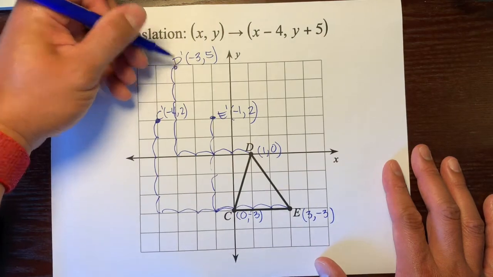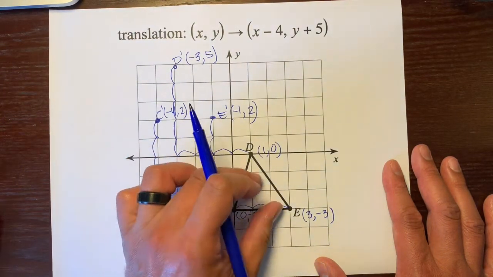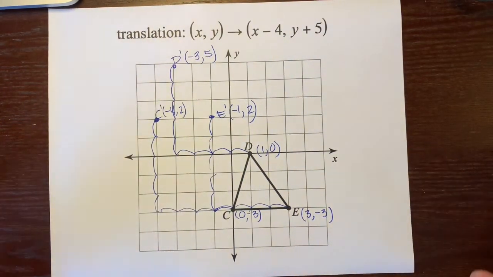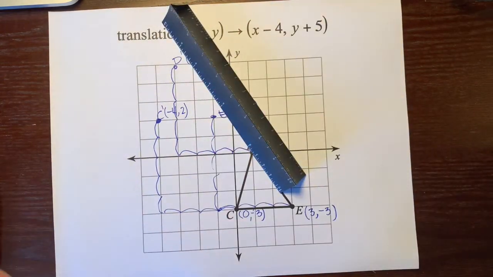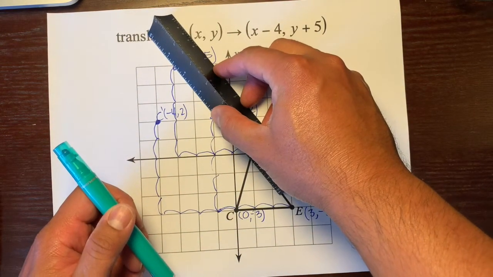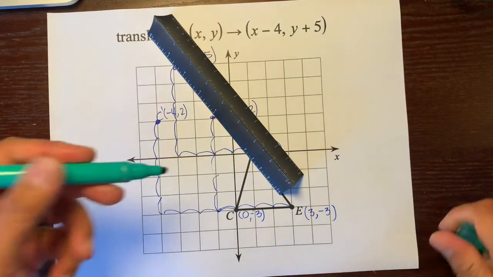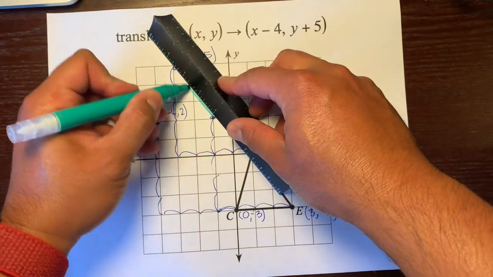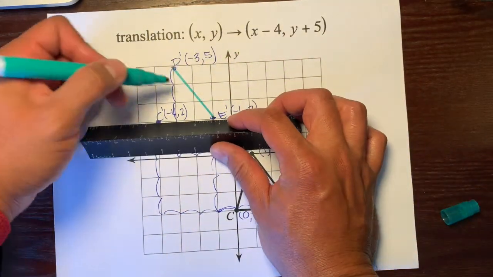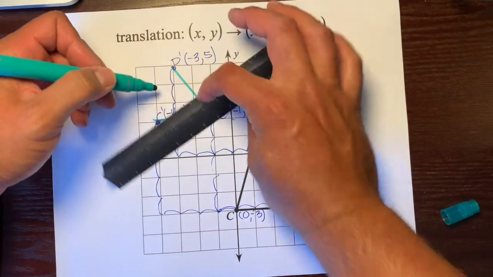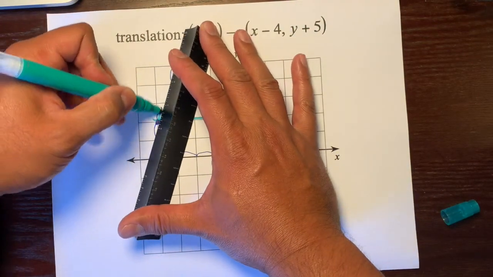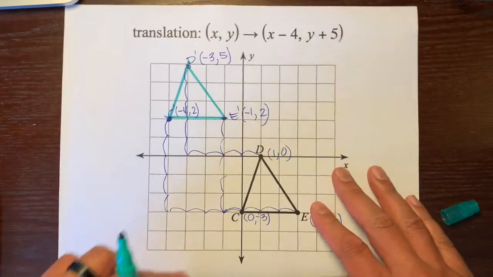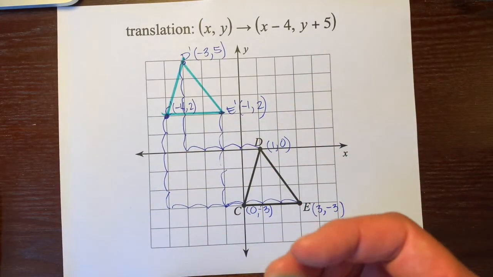So we've translated this triangle over here. Let's actually take our ruler or straight edge and connect these new translated points. So there's a few things to notice.